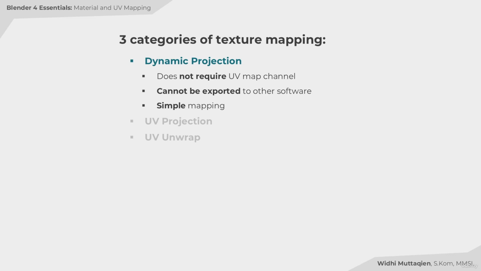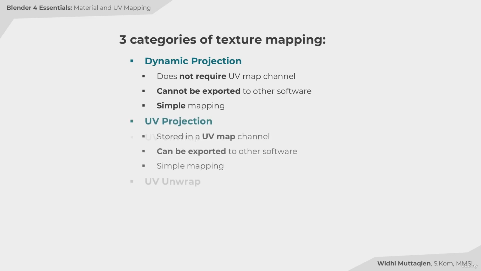The downside though, this technique only works inside Blender or the software that generates it. If you try to export the 3D model to other software, the texture will break. The other downside is that it only works for simple projection types such as flat, box, sphere, etc. It is useless for complex models with complex textures.